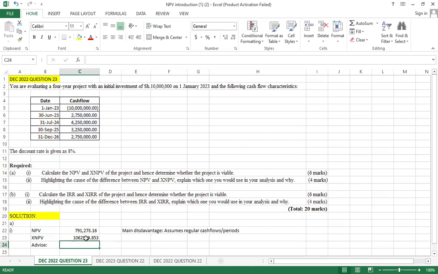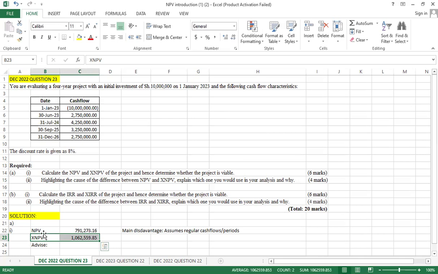What we get is 1 million and change: 1,062,559.885. So ladies and gentlemen, what you will appreciate is that the XNPV is considered more accurate compared to the normal NPV.